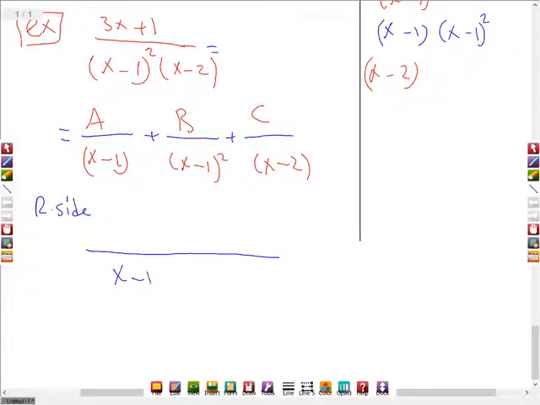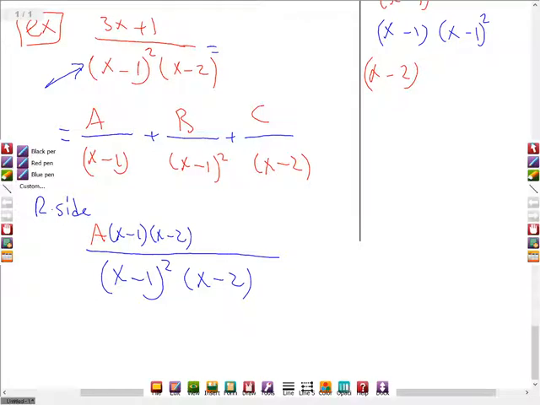x minus 1 squared and x minus 2, which is the same as this guy here. Here we have A, and I have x minus 1 only. I need one more x minus 1 and x minus 2. You will understand with the second one.